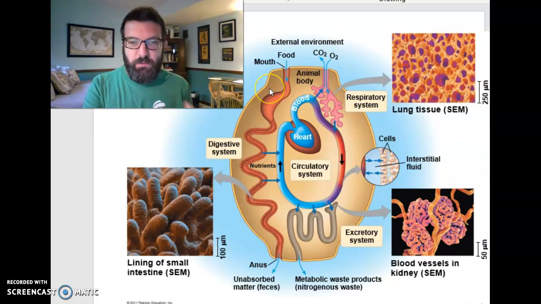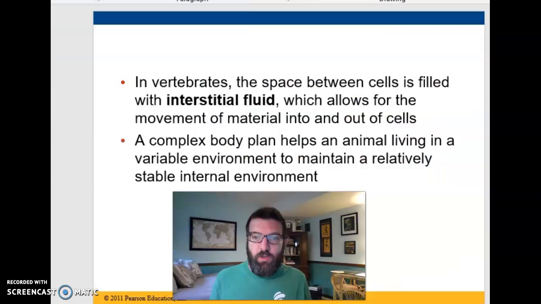So you have to have these specialized organs with lots of surface area, and you have to have a circulatory system of some sort to move those nutrients and beneficial gases and wastes around to the particular organ where they need to go. All of your cells are hanging out in some sort of fluid.